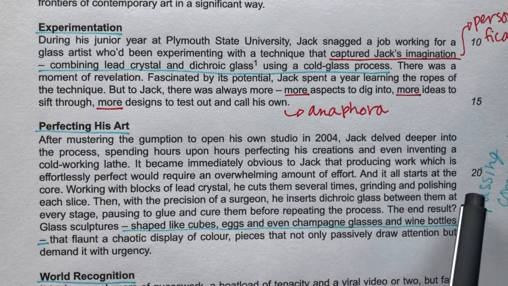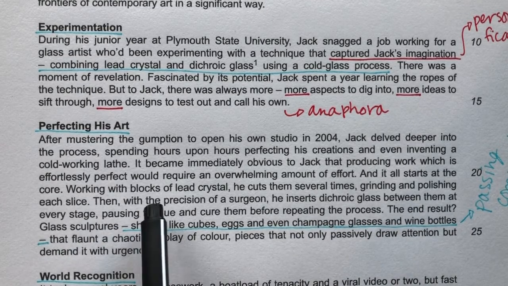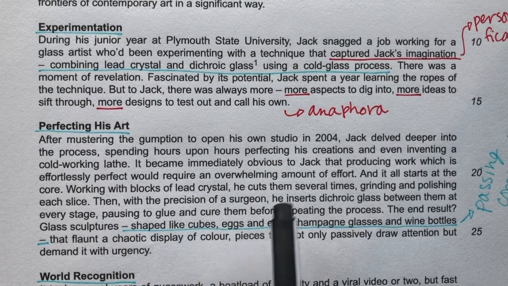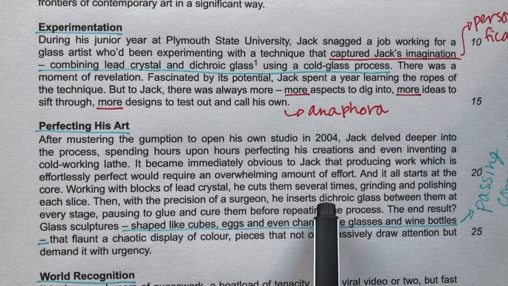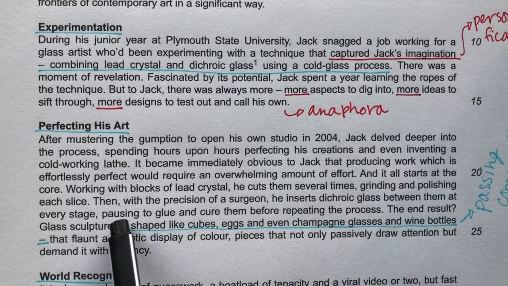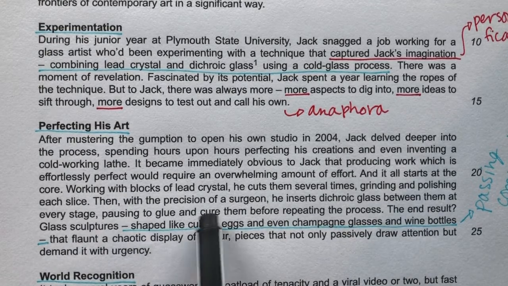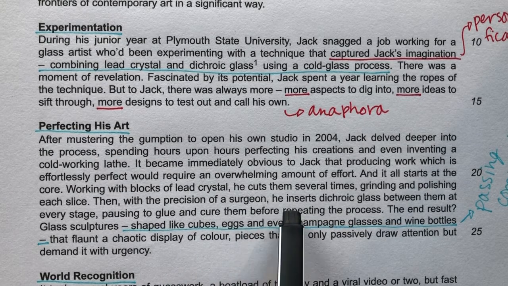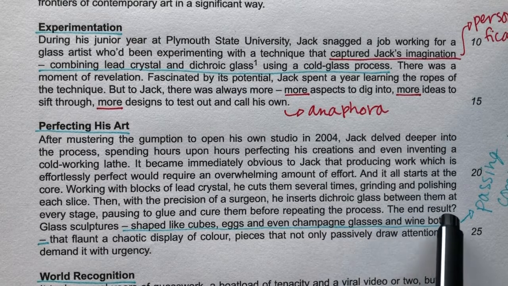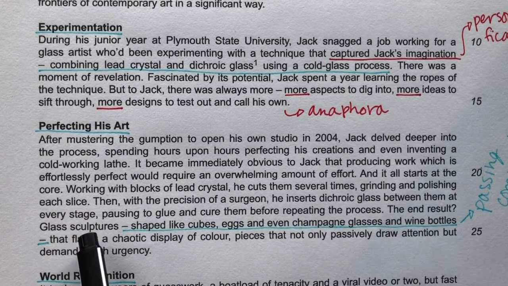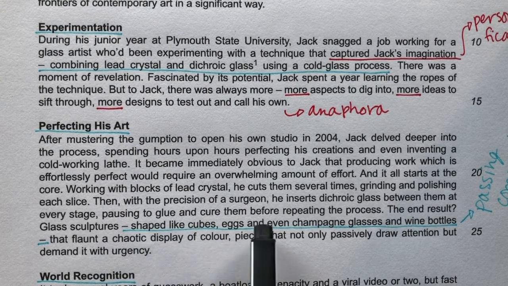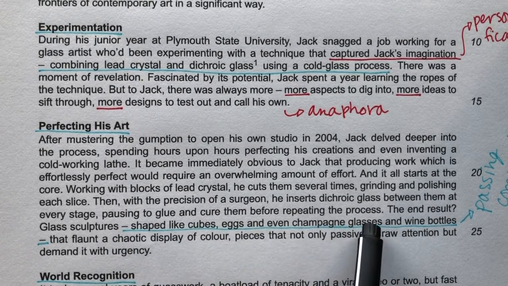And it all starts at the core. Working with blocks of lead crystal, he cuts them several times, grinding and polishing each slice. Then, with the precision of a surgeon, he inserts dichroic glass between them at every stage, pausing to glue and cure them before repeating the process.